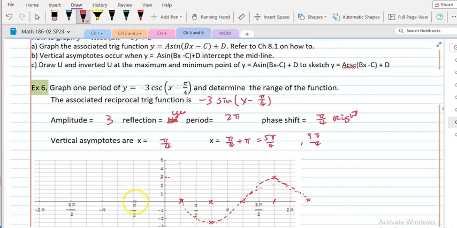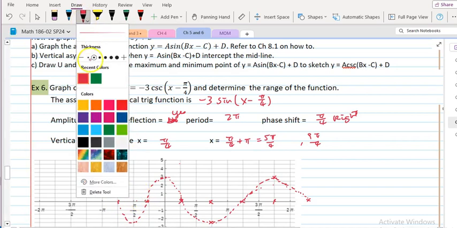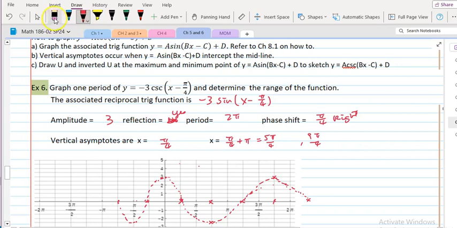This is dotted. Pi over 4, pi over 2... This looks wrong. It should be a pi over 2, but we shift to the right, right? Technically, in the past you would have it here and then go up.